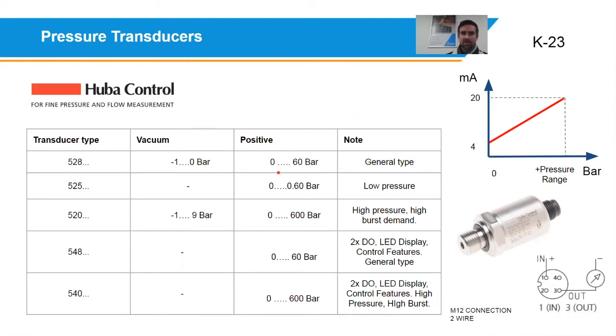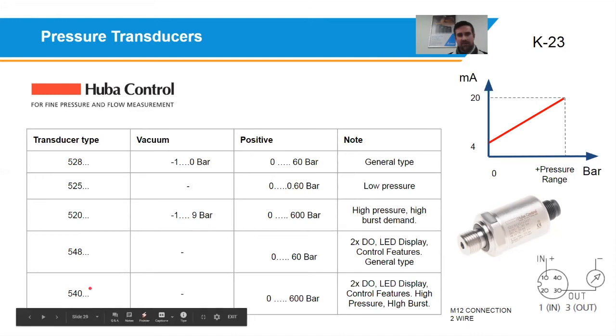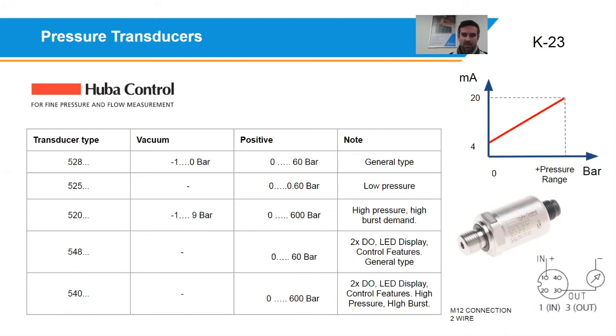Ultra low pressure measurement, even lower than 0.6 bar, I believe. 520 for more high burst demands, and certain aggressive refrigerants as well, that's immune to those. Also our 540 and 548, very similar to the above, except they have the digital display and extra digital outputs with particular control functions, with the general analog retransmission as well.